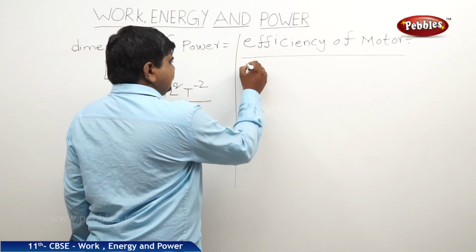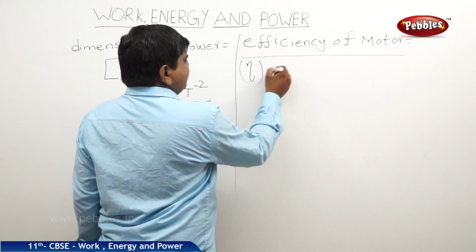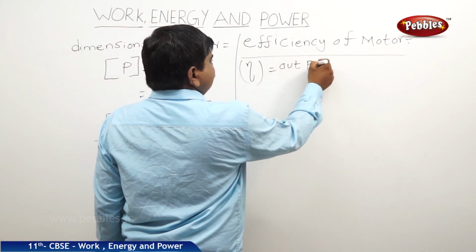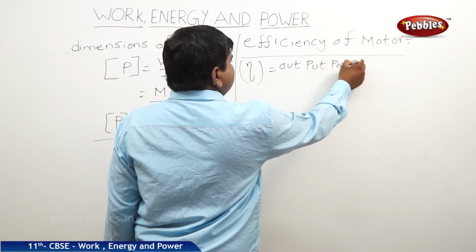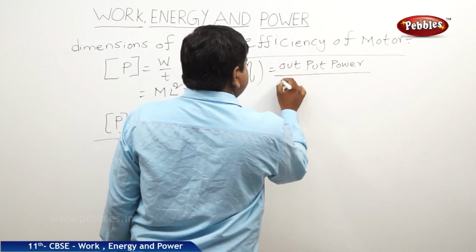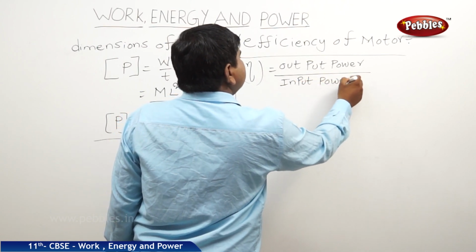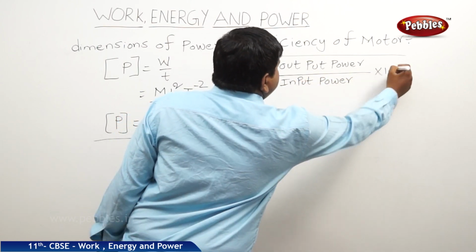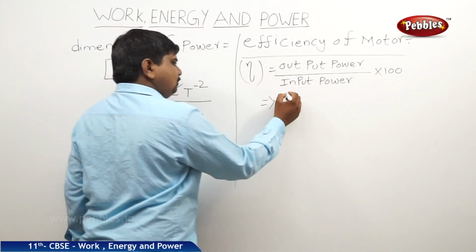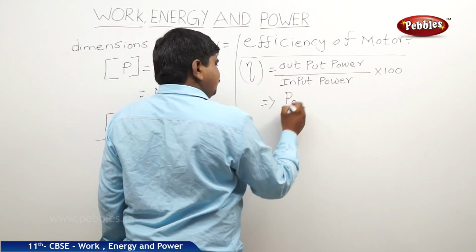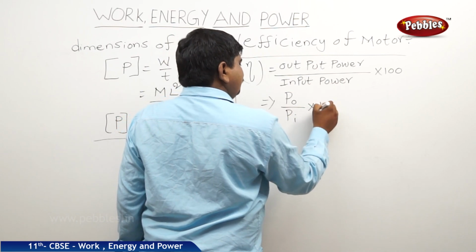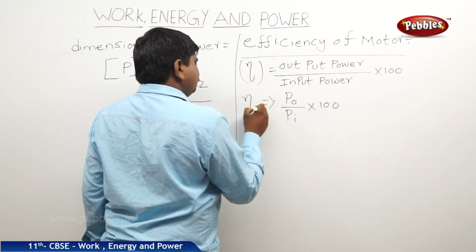The symbol is eta, where eta is equal to output power by input power into 100, where output power is PO and input power is PI.